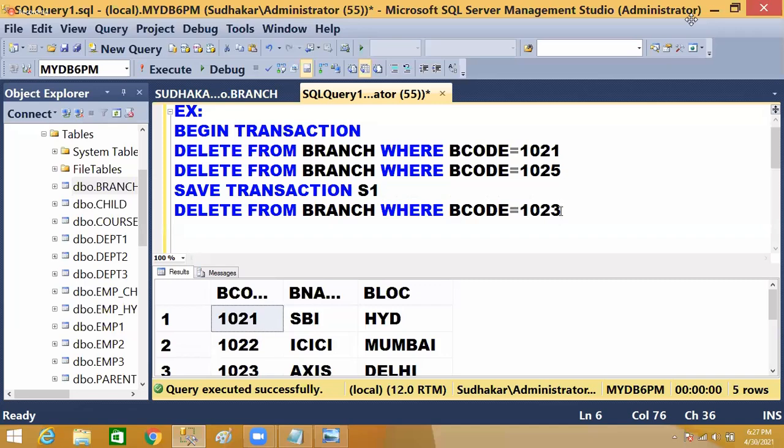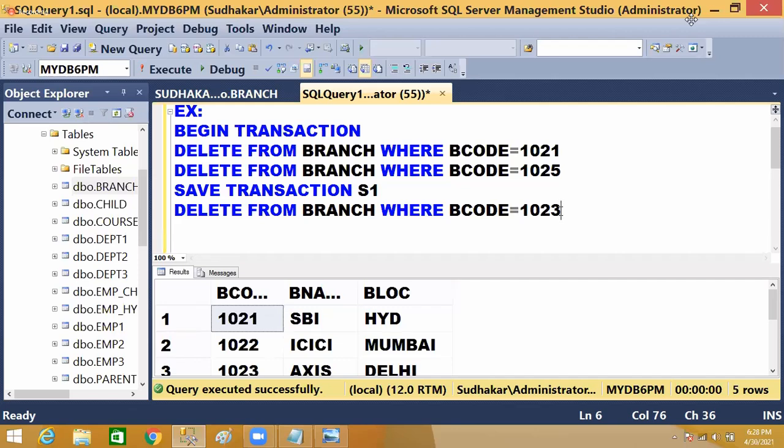That means the rows stored under savepoint memory, only those rows we can roll back in the future. But the remaining 21 and 25 we can't roll back, because they are stored under instance memory. Only 2 and 3 we want, so only 2 and 3 we can roll back.